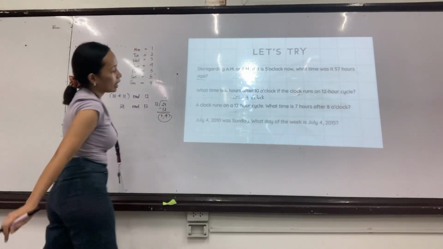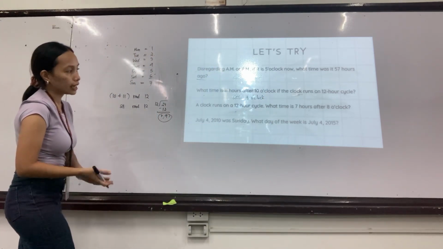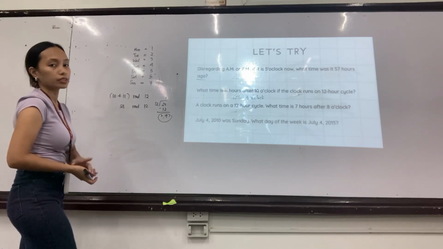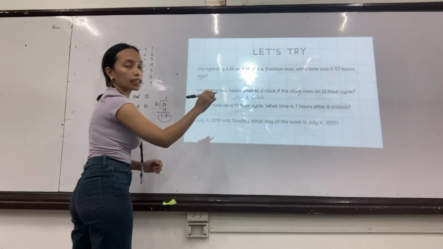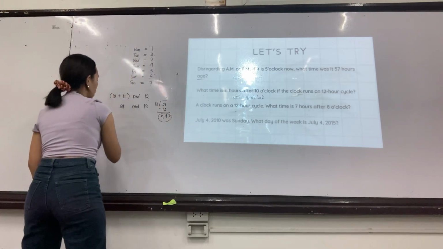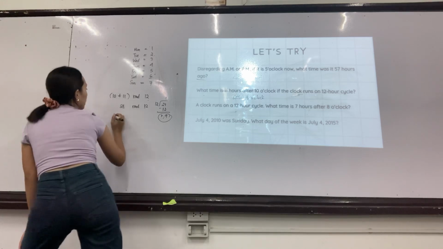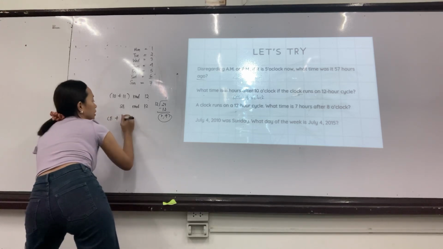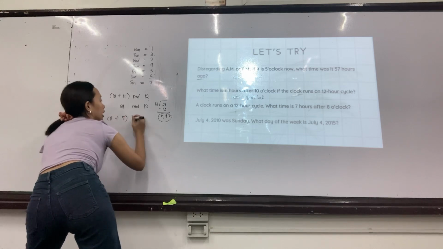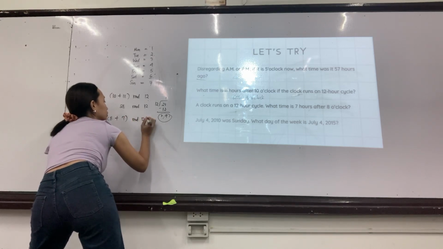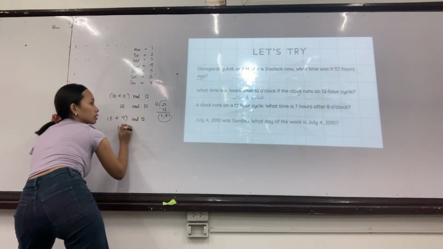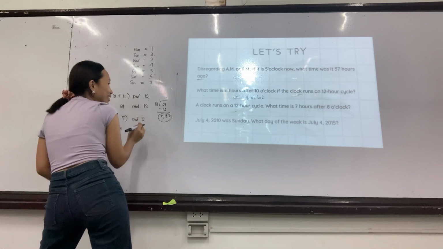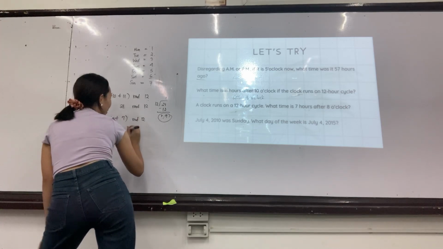Now, a clock runs on a 12-hour cycle. What time is 7 hours after 8 o'clock? So the word is after, so we are going to use addition. So we write 8 plus 7 modulo 12. So 8 plus 7 is 15.